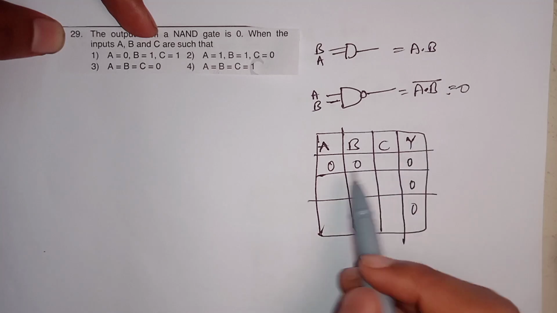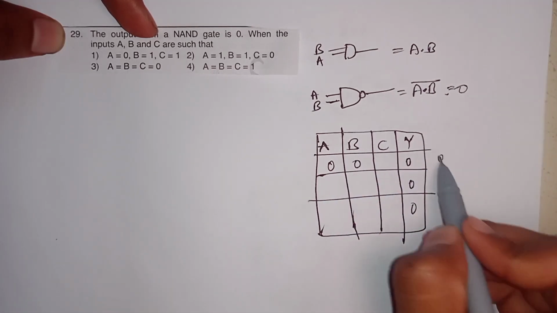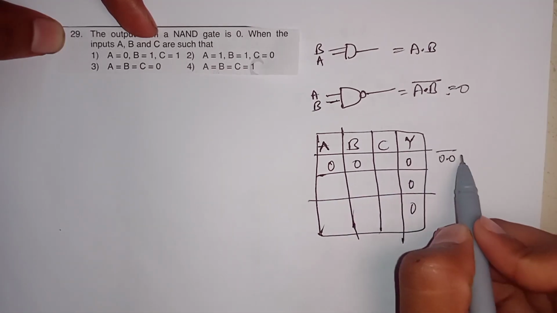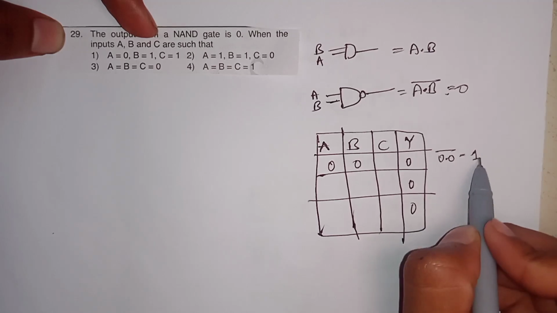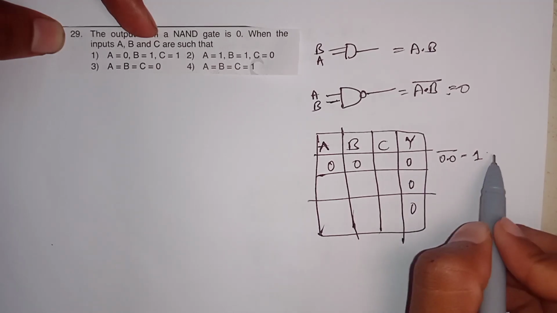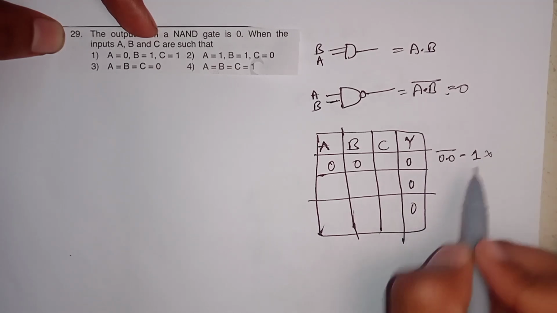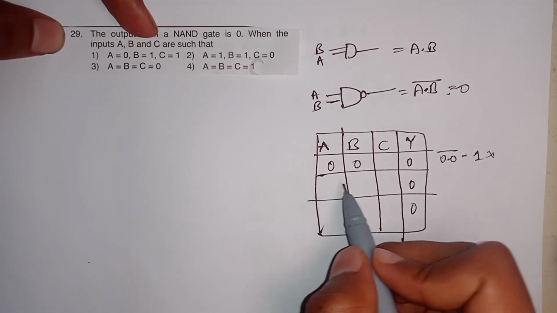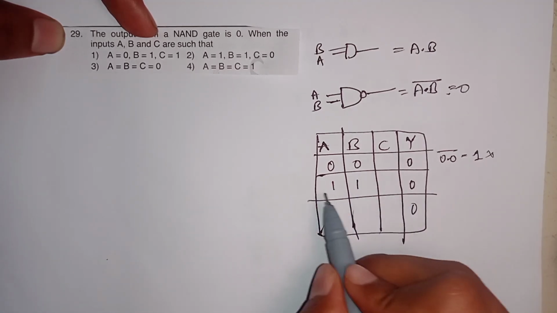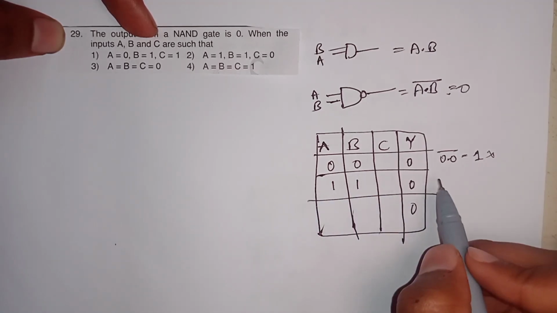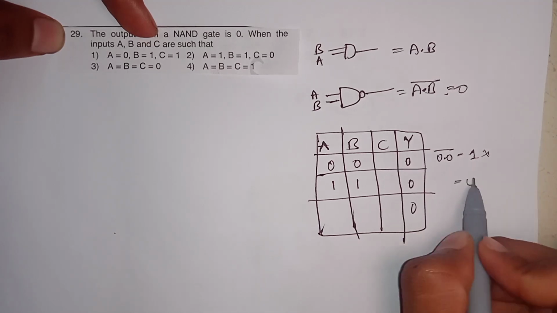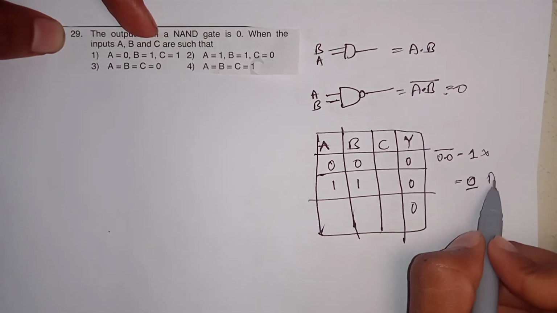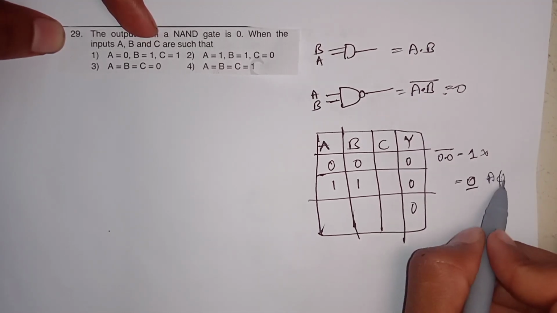So 0 dot 0 equal to 0 gives 1, and we can't take 0 as the input in the expression. Again, if you take 1 and 1, then 1 into 1 is 1, inverse is equal to 0. Yes, that matches the output 0 for A and B.